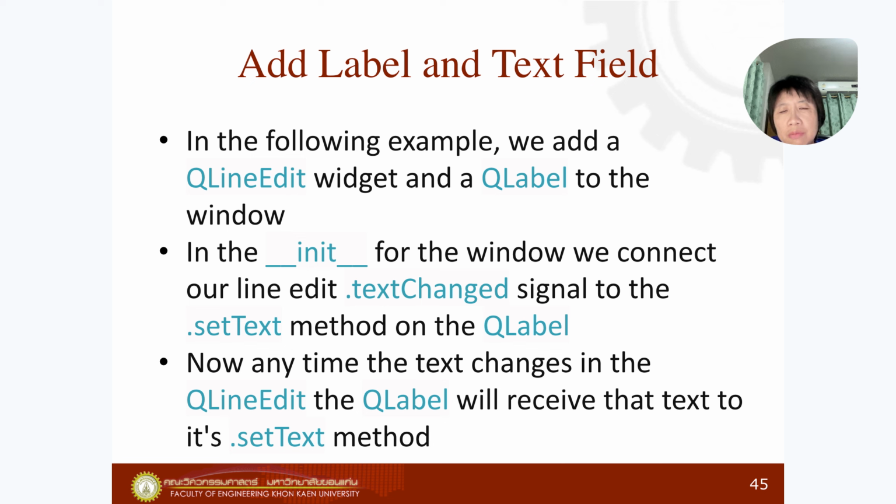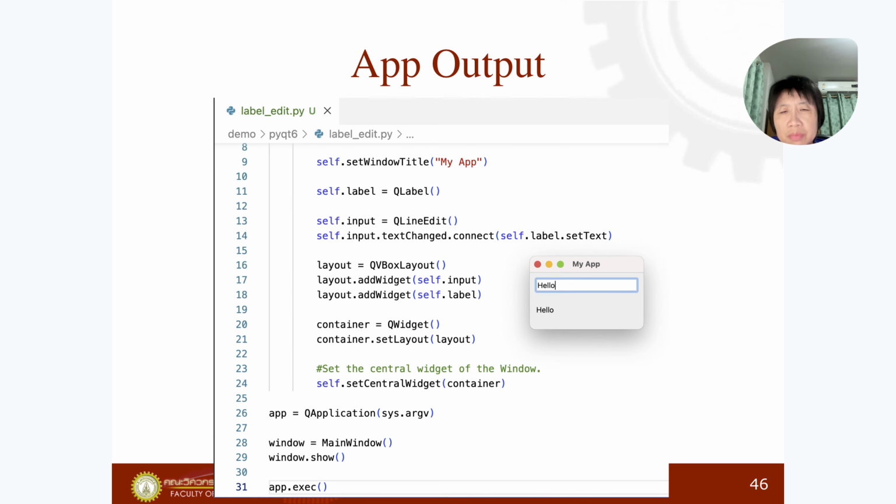And here, when the text in the QLineEdit is changed, then it can signal to the set text method in the QLabel. And now anytime the text changes in the QLineEdit, then the QLabel also receives the text to its set text method.